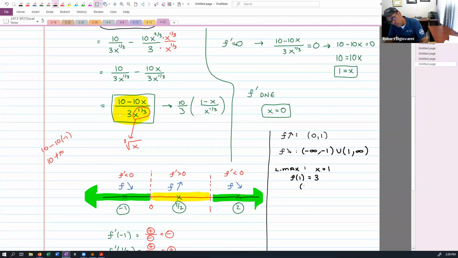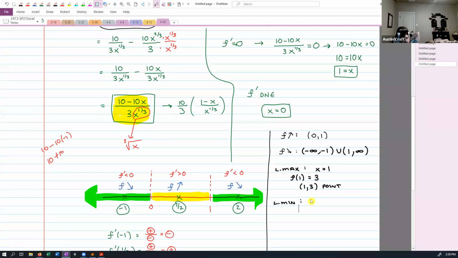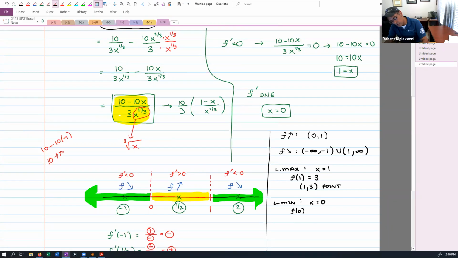So that means the point (1, 3) should be a local max. Do we have a local min? Yes, at 0. If we plug 0 into the function, we should get 0, which means the point (0, 0) should be a local minimum.